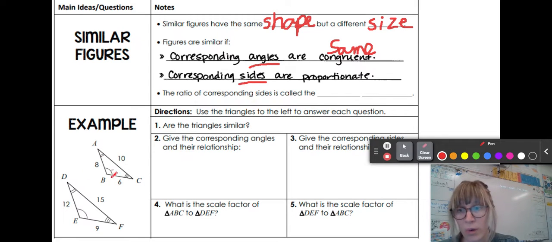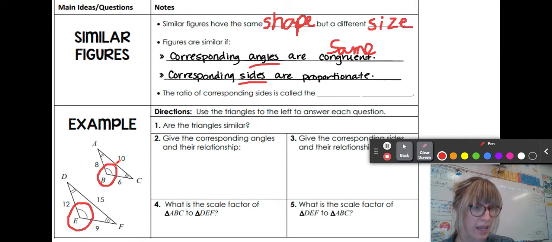In this case, similar triangles. So we know that E and B are corresponding angles because the marking, right, is one single line like this, right? They are corresponding, they're the same measure angle.